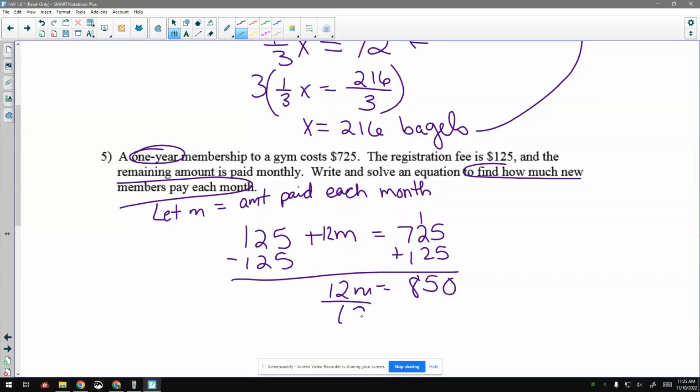850. I think. You guys know it's really hard for me to do this while different things are going on in my world. Ugh, this isn't right. 725 minus 125 is 600. I subtracted wrong. Oh, I'm having a terrible day. This is 600.